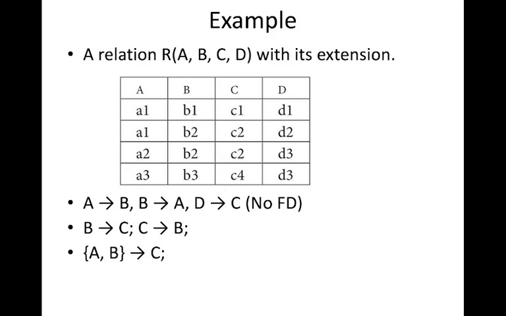Okay. And also we can conclude this combination: A comma B to C, this functional dependency is also there. You can simply check: when the combination A1 comma B1 occurs, then always C1 will be there. When A1 comma B2 is there, then C2 will be there, or A2 comma B2, then definitely it will be C2. A3 comma B3, then C4 will be there. And also A comma B to D exists.